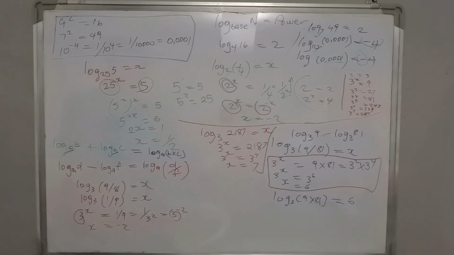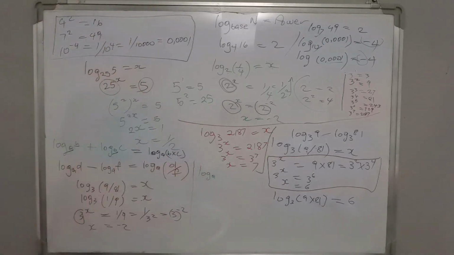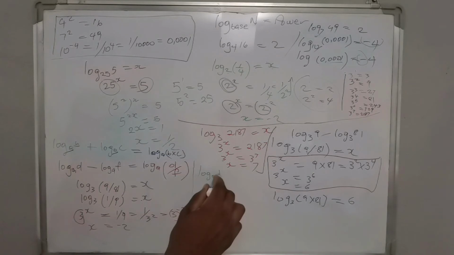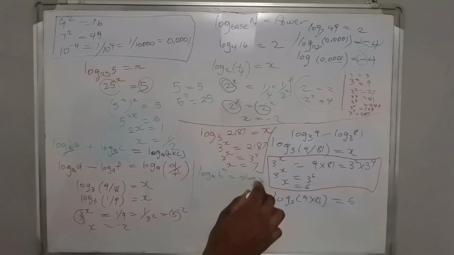Ama-rules wama-logs awagcini la, kuphinde kube khona enye siyibiza ngokuthi i-power rule. So i-power rule isebenza when we have log to the base a, that can be any number, b raised to m. This is equal to m log a raised to b.